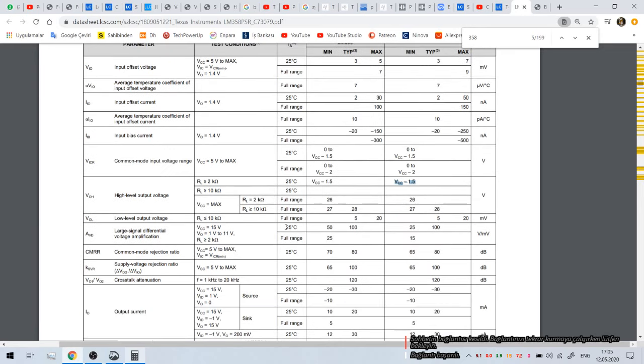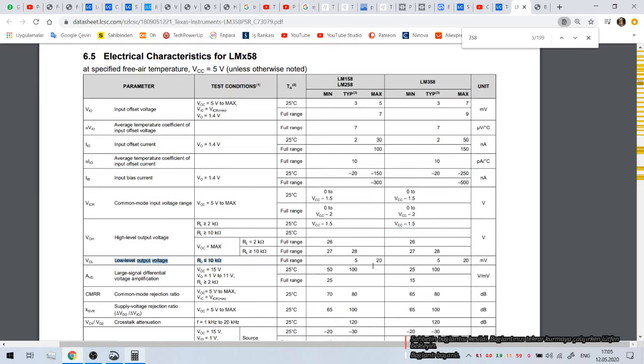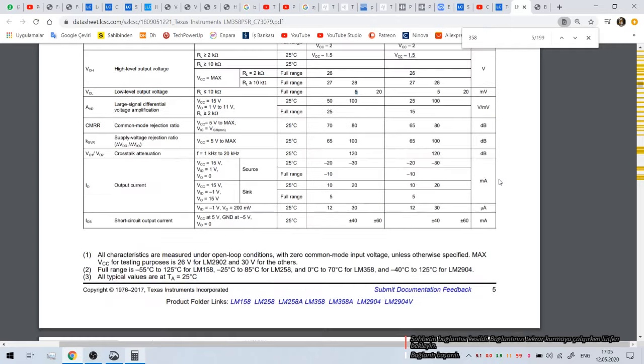Also, low level output voltage, you can see, yes, not important. Low level output voltage, if load is lesser than 10 kilo ohm, full temperature range, it will be 5 millivolt only. You can see here only 5 millivolt.